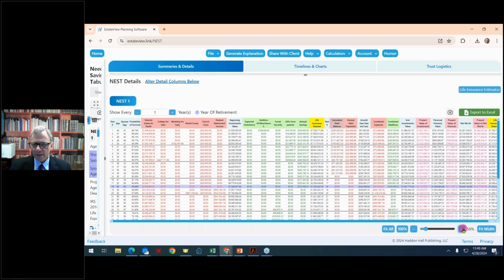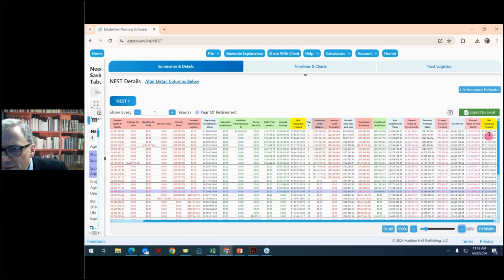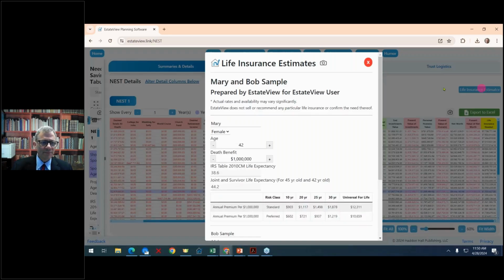So on the far right, I can open this up and see that if the primary breadwinner is going to die in the first 5 years, I need about $7.8 million of life insurance on her life or his life. So I can go to Life Insurance Estimator, and I can say I need $7.5 million of life insurance.